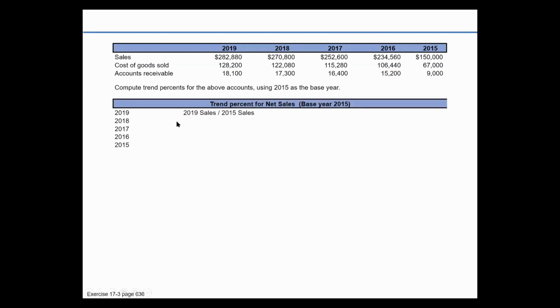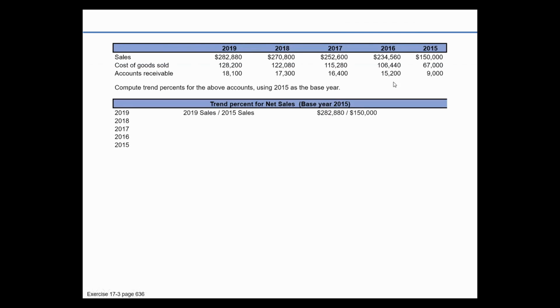To figure out for 2019 the trend percent for net sales, you would just take the 2019 sales divided by 2015. We divide by 2015 because that is going to be the base year that we're going to compare each one of these to.